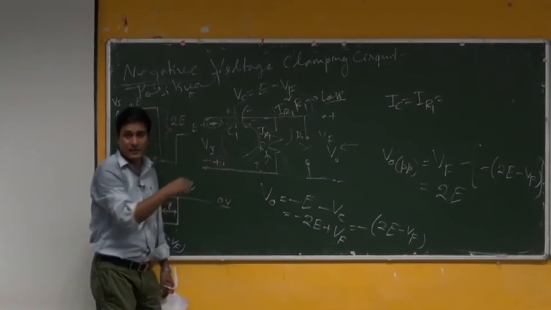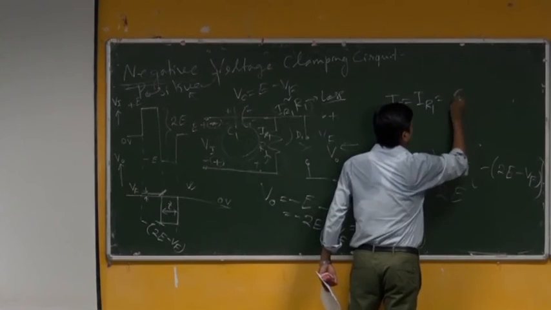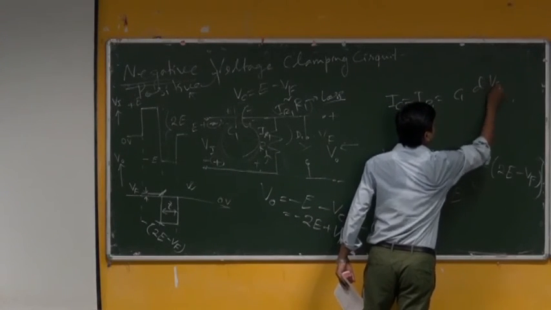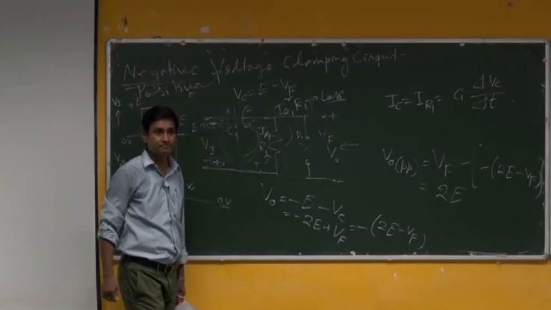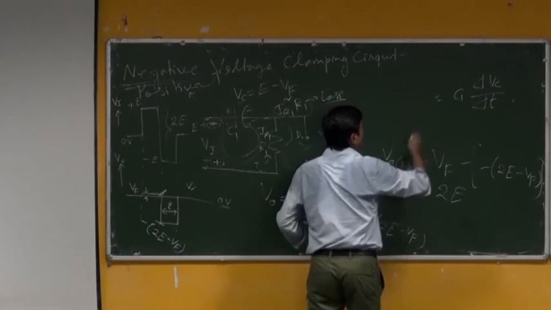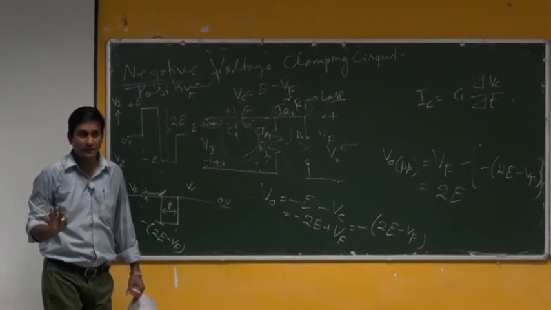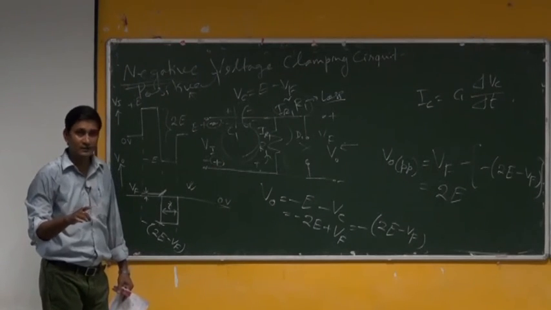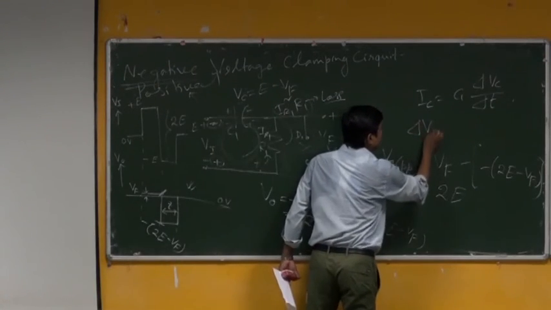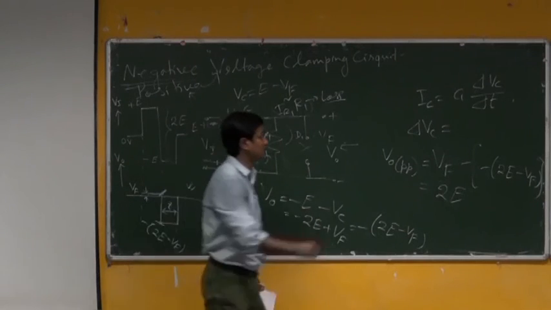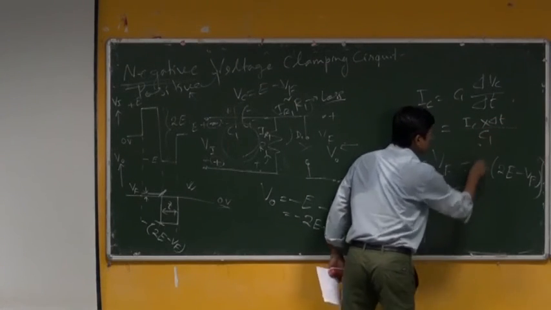So if IR is the current flowing through the capacitor, we know that it is C1 dVc by dt, that is C1 delta Vc by delta T. Is it fine? Current through a capacitor is the rate of change of the voltage across it multiplied by its capacitance. Okay, so delta Vc can be written as IC into delta T by C1.